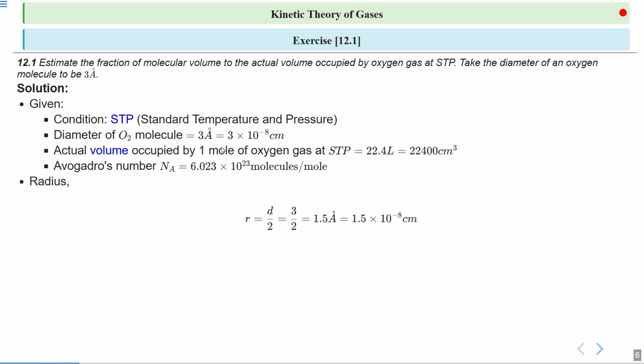And radius r equal to d by 2. So we know the value of d, 3 angstrom. So divide by 2, it will be 1.5 angstrom. 1.5 angstrom means 1.5 into 10 raised to the power minus 8 centimeter.